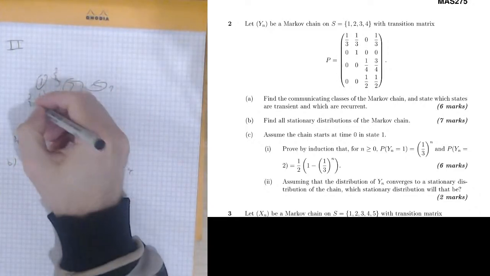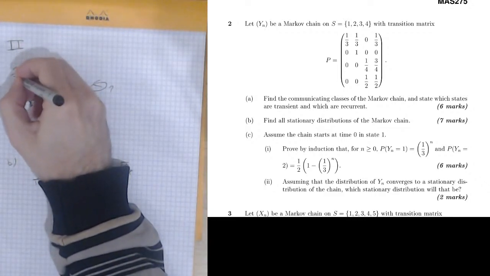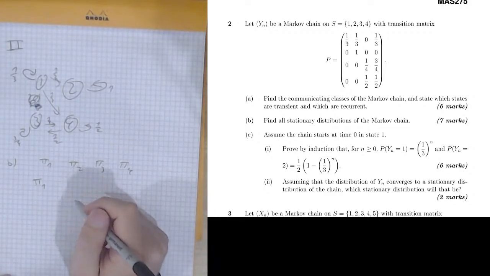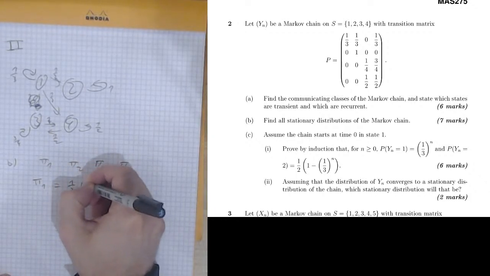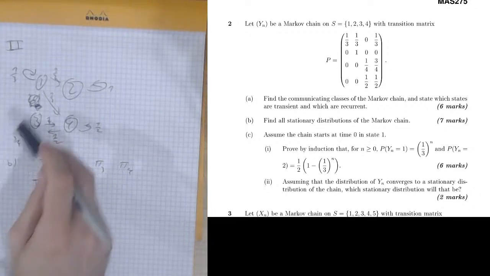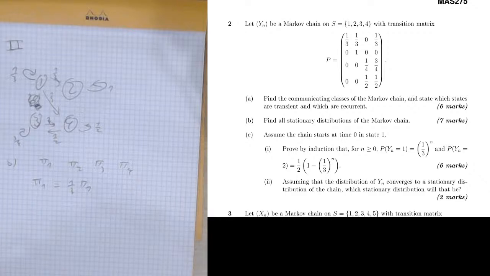There's none of this arrow, and there's that arrow. So it doesn't actually change results at all, but let's be correct. So pi1 is 1/3 of pi1, because to be at 1 at the next step, you had to first be at 1, probability pi1, and then stay with probability 1/3.